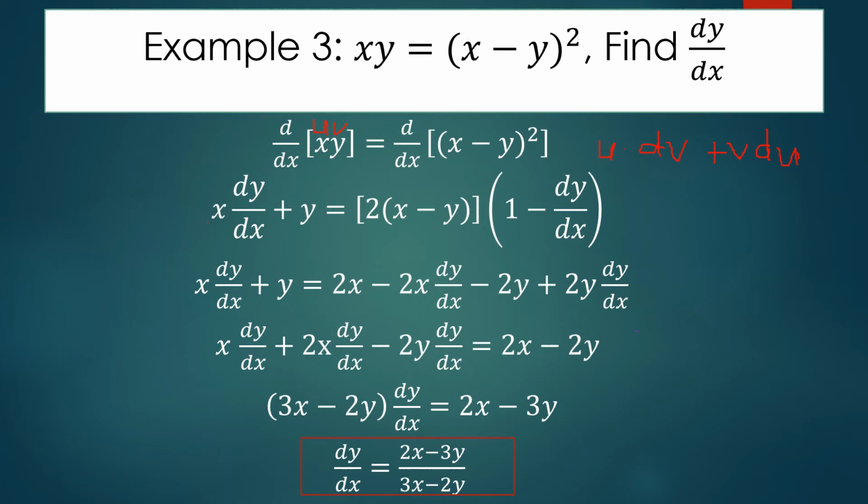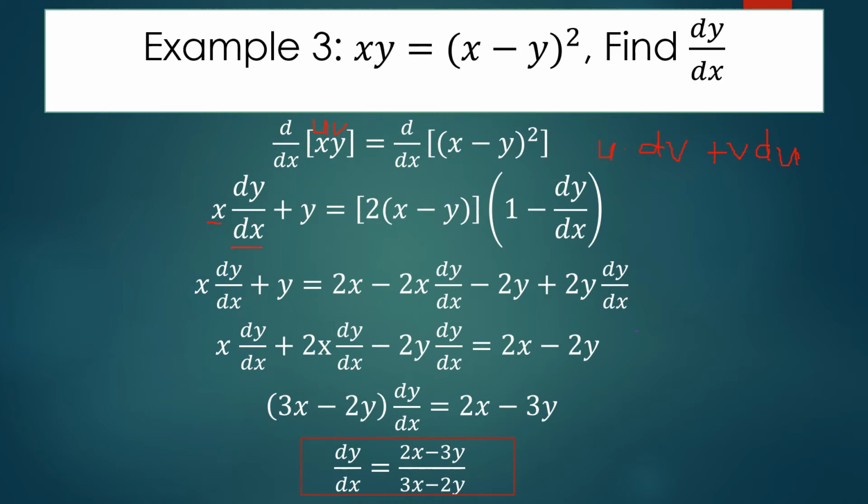Okay, so ang u natin is x and the derivative of v, ang v natin is y and the derivative of y is equal to 1. And sinabi natin kanina, kapag kukunin natin ang derivative ng y, always put dy over dx.